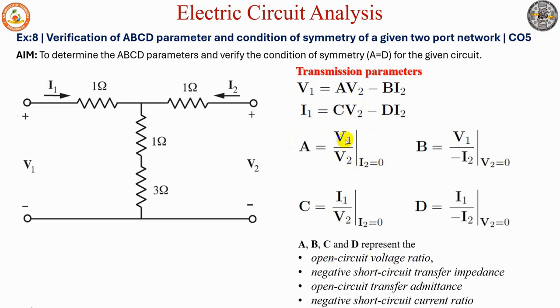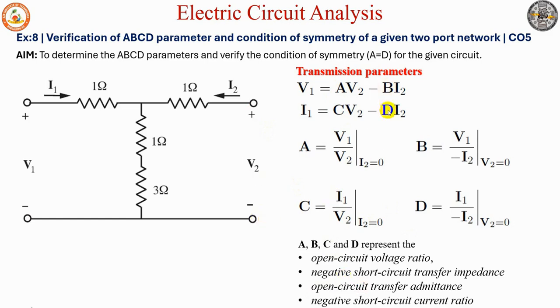It is a voltage ratio because both are the same quantity, voltages. Why is it called open circuit? Because current I2 is made 0 to find the parameter A. Similarly, C is also called open circuit because I2 is made 0. Current is 0 only under open condition.